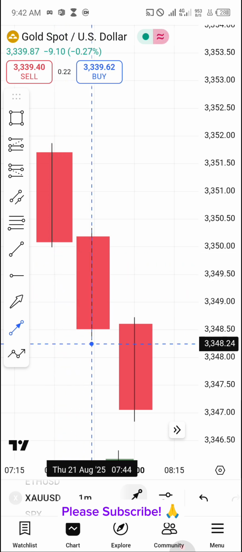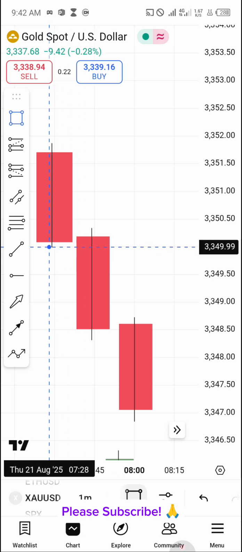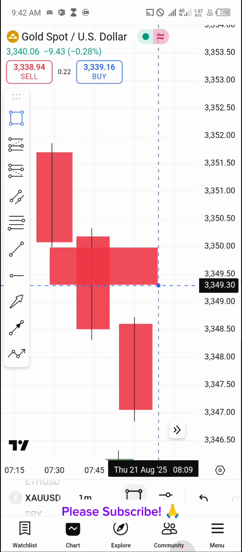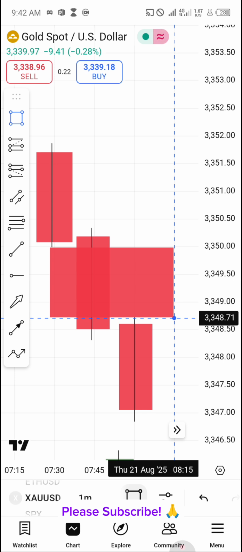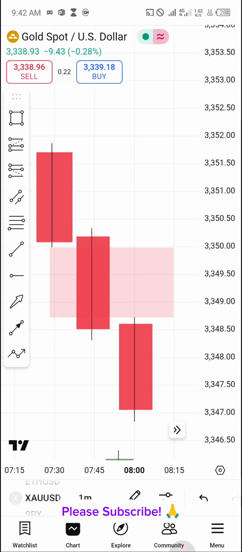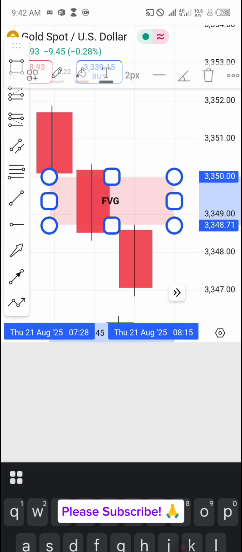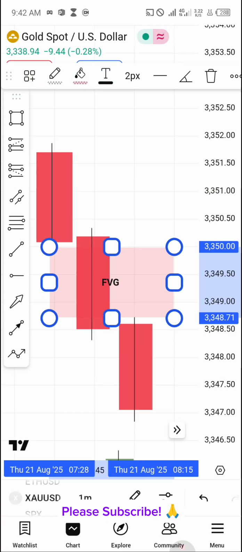Now how do we identify the fair value gap right here? We said the gap between the first candle and the third candle is your fair value gap. That means we have this area as a fair value gap.